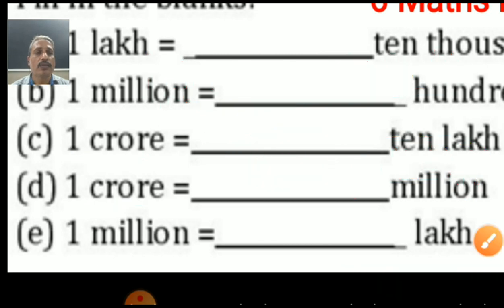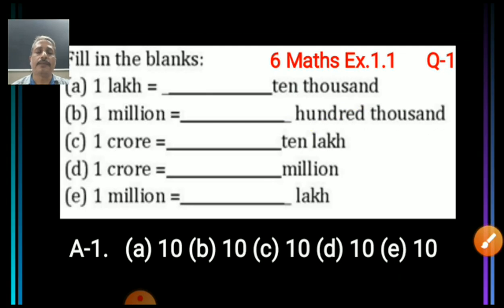Simple, 10. So all these answers are 10, 10, 10. You can see the answers from here, and you got the idea of how to write the numbers. The big numbers are there. You studied up to ones, tens, 100, 1,000, lakh, 10 lakh, crore. Okay students, and million, billion. Million means 10 lakh. Billion means 100 millions.